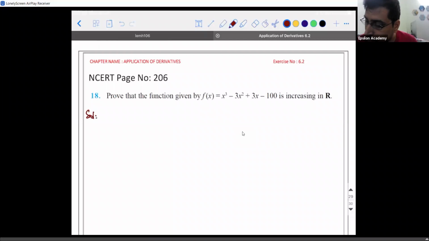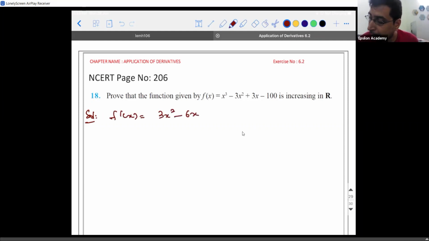Solution. So f of x is equal to x cube minus 3x square plus 3x minus 100. We need to prove that it is increasing in R. Let's try this. So f dash of x is equal to 3x square minus 6x plus 3.